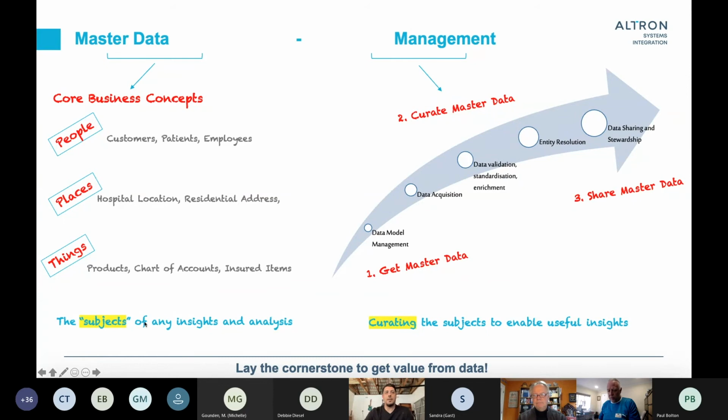It's the subjects, the nouns of any sentence, and the subjects of any insights and analysis that you want to do. The management of that data really boils down to three things. You have to get it, you have to curate it, and you have to share it. And that's really what it's all about at the end of the day.